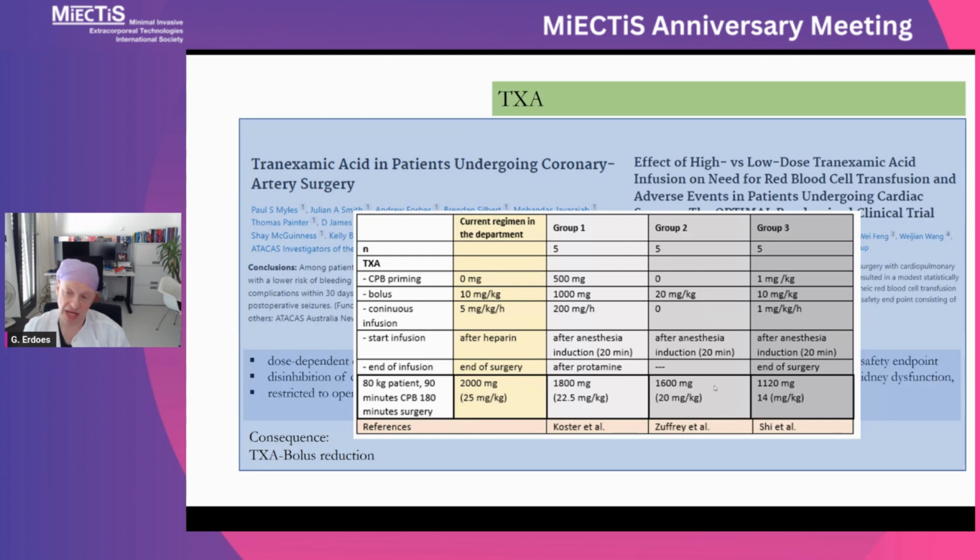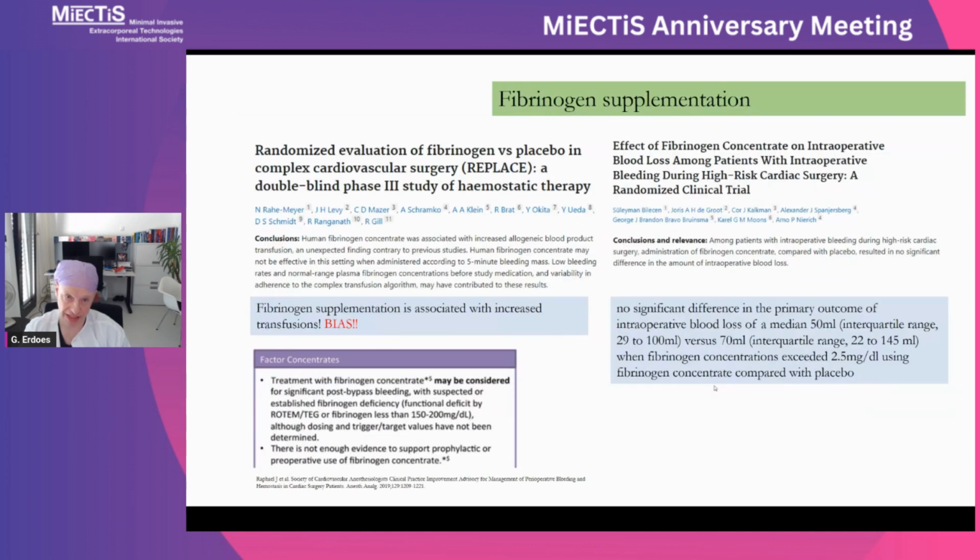And coming back to our test devices, you can monitor the effect of tranexamic acid with a TPA test from the ClotPro device. What about the fibrinogen supplementation?